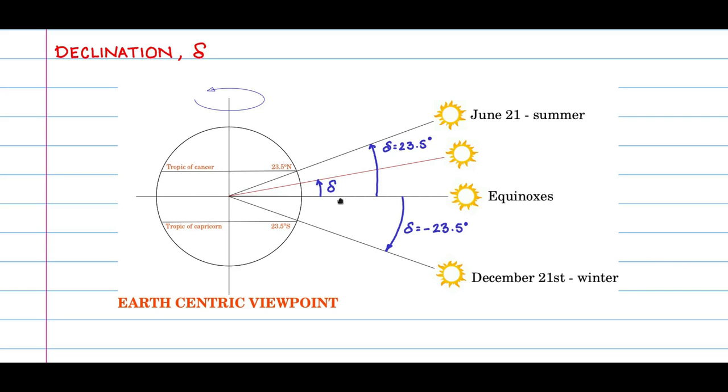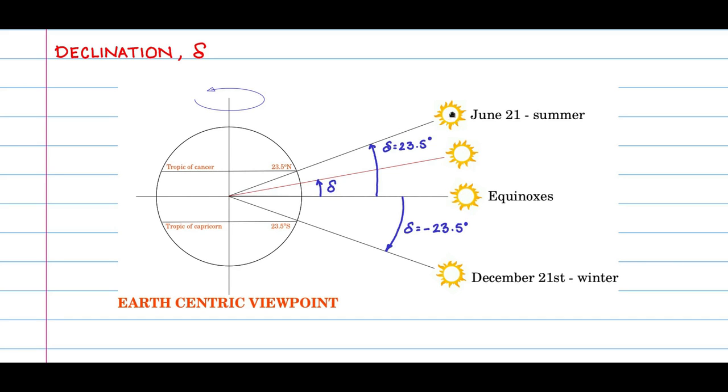Now, how to go about obtaining a model for this variable delta? So if you look at the movement of the sun, take for example the equinox, March 21st. March 21st it starts here, then goes up, June 21st, then starts coming down, September 21st, then still going further down, December 21st, coming up again, March 21st.